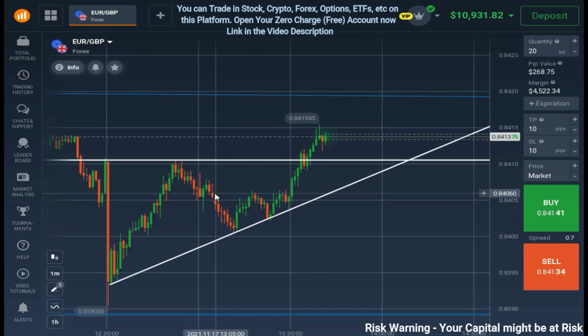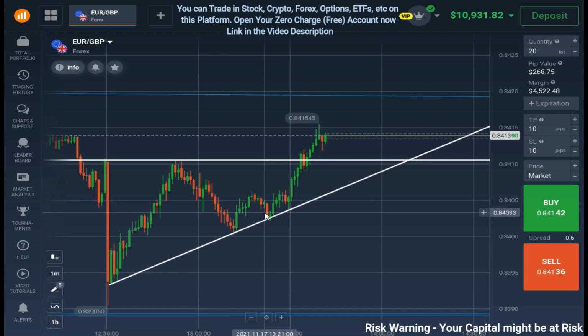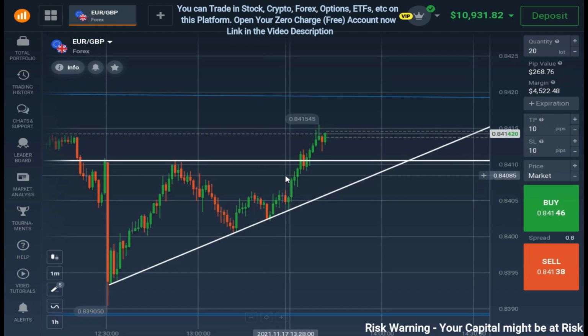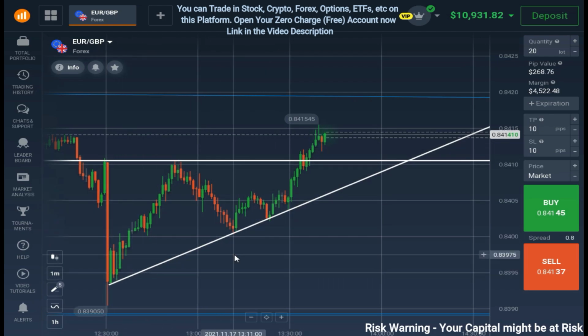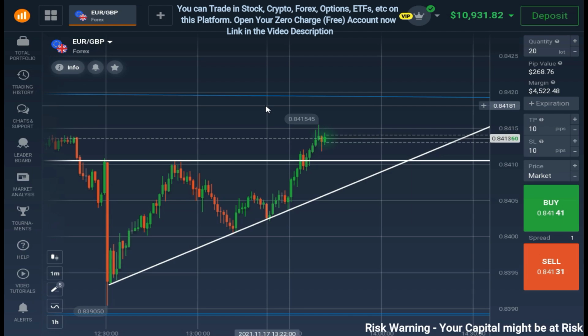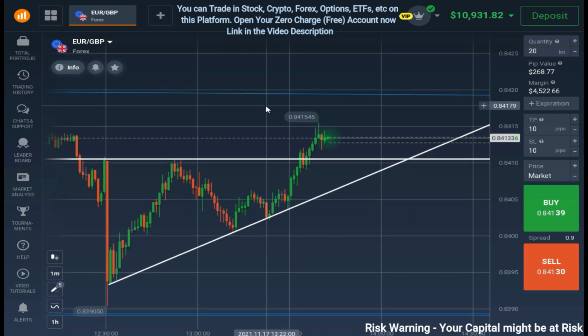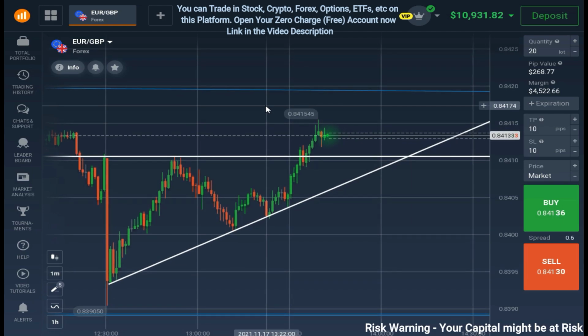Because I found out that there is a pattern formation. This pattern was actually very important for me, and the whole trading setup was because of this trend line, this pattern, and the major support level. The 5 minute trend line was not that important, but still it's a confirmation for me that yes, market is going to go in the upward direction.